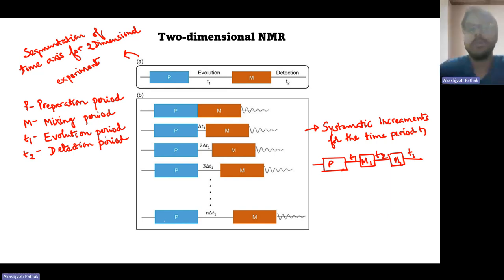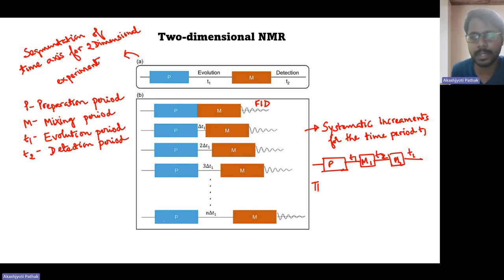Okay, so basically what is happening? The experiment involves a collection of a number of free induction decays for systematically incremented values of T1. We had discussed what a free induction decay is in detail. So with increments of T1, you are detecting the free induction decay.